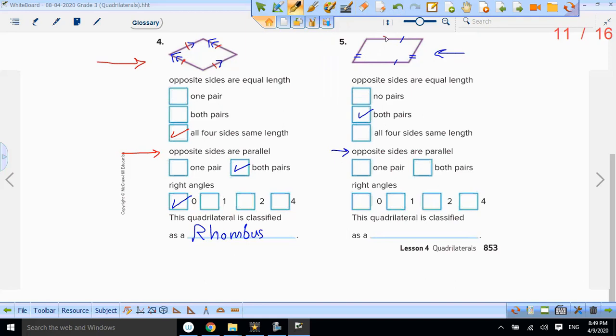We find that these two sides are parallel, and also these two sides are parallel. So both pairs of sides are parallel. How many right angles? No right angles in this shape. So we have 0 right angles. What is the name of this quadrilateral? Yes, it is a parallelogram.